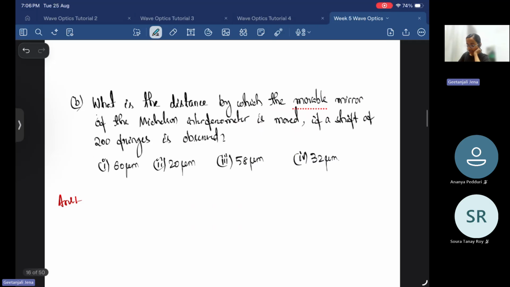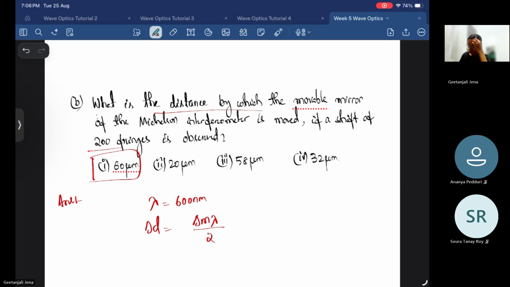Option 1, yes, it is correct. So we need to calculate delta D. Delta M is given, lambda is also given, which is 600 nanometer. So delta D is delta M lambda by 2, which will be 200 times 600 times 10 to the minus 9 over 2, which is 60 micrometer.